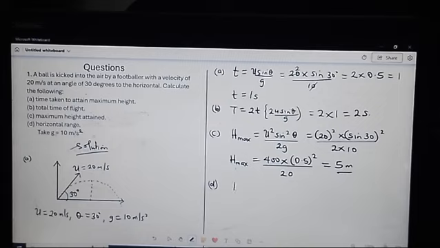Then for D, the horizontal range. Horizontal range is expressed as u squared sine 2 theta over g. Our u is 20 meters per second.